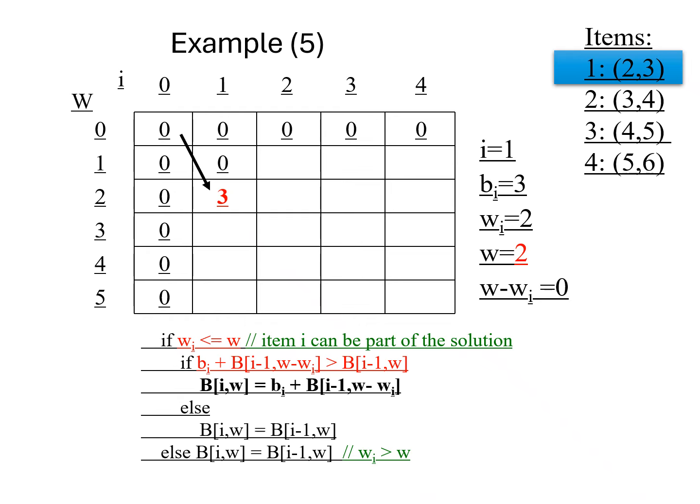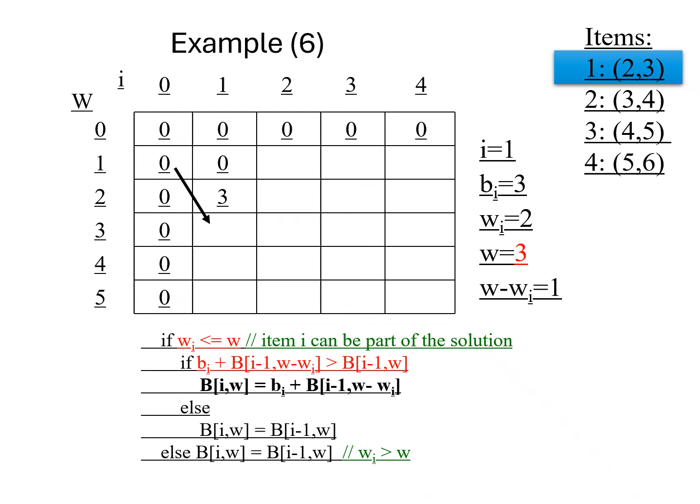Now increasing the capacity of the knapsack to 3, this is 2, so we can add 2. So the benefit is 3, and the remaining capacity is 1. So it means we are going to add this 0 to the 3. So 3 plus 0 is 3 again here.